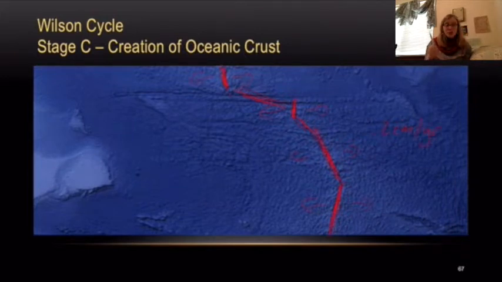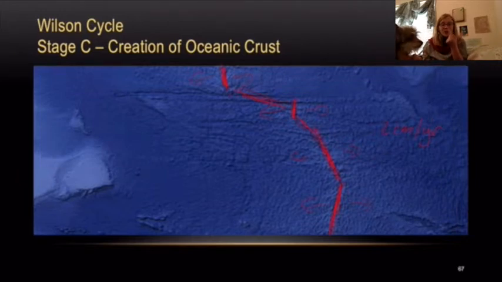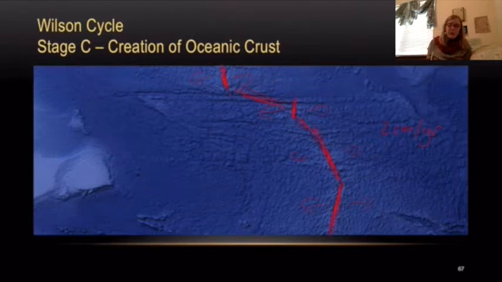Very slow. Do you know what else moves at 2 centimeters per year? Your fingernails. They grow about 2 centimeters every year. So that's not very much, is it, for the entire planet? But it's enough to make volcanoes and new rock and those occasional earthquakes out there, and it's enough to push apart the continents very slowly.